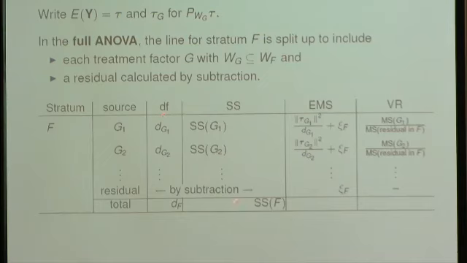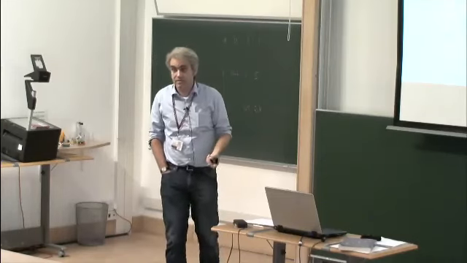This sum of squares comes from the Hasse diagram for the plot factors, those from the diagram for the treatment factors, and then we obtain a line for residual, and that is obtained by subtracting the sum of those from this one here. And then we can actually look at the expected mean squares to tell us how to do tests of the effects.